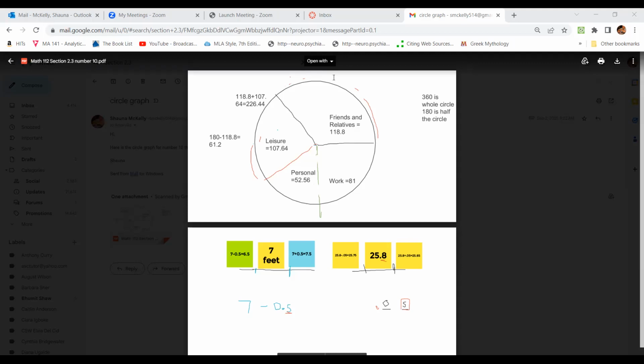Number 2. Oh, I think it's number 10. That's why. 2.3. Number 1. Let me see if I got one, because I think this is numbered wrong. I think it's numbered wrong in the book.